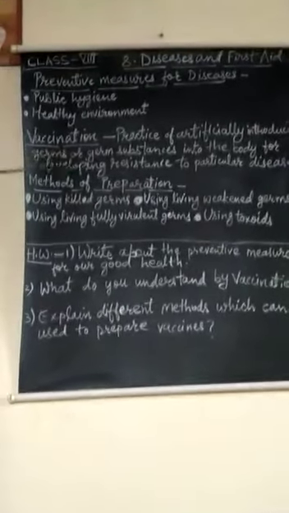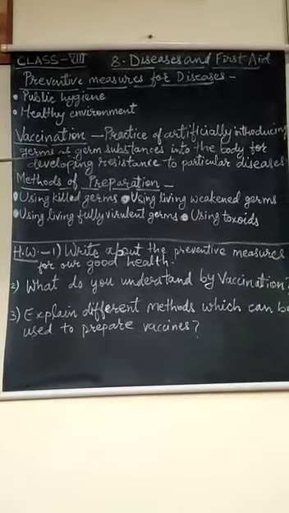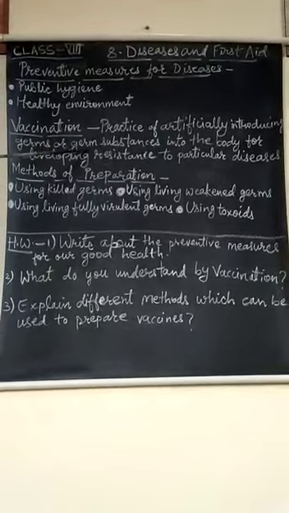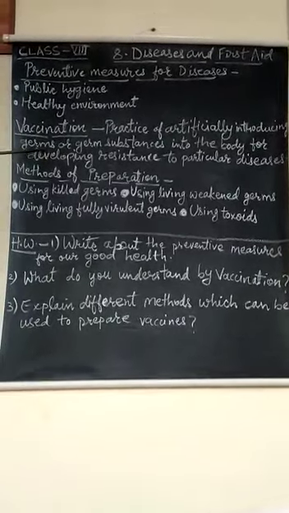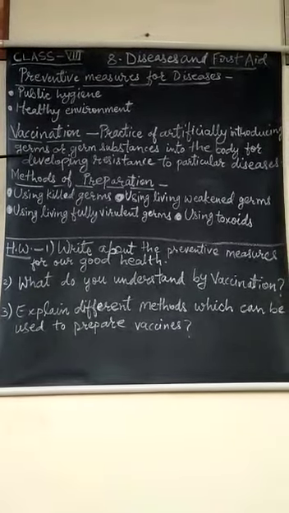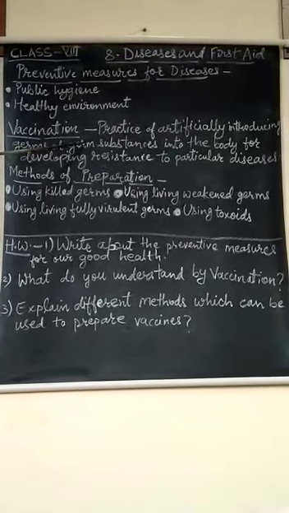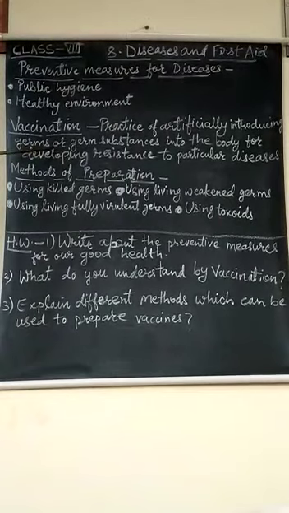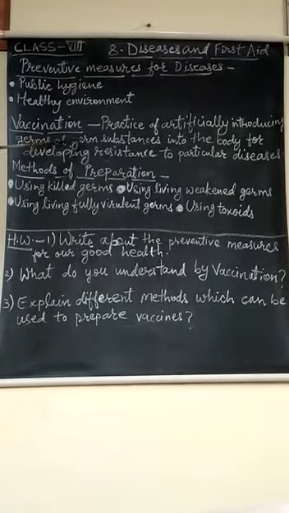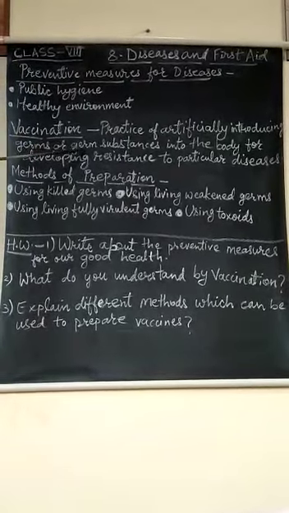When these germs are injected into the body of a human being, the WBCs get stimulated, means they are being induced to become active and they produce antibodies against these germs.